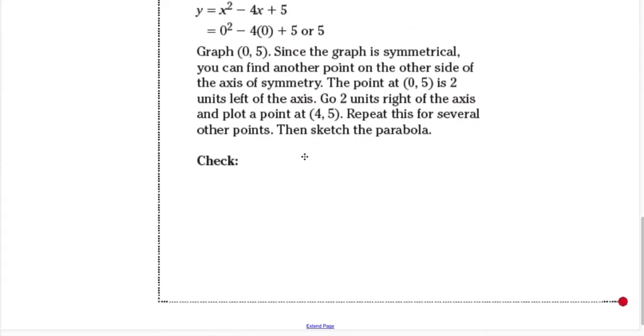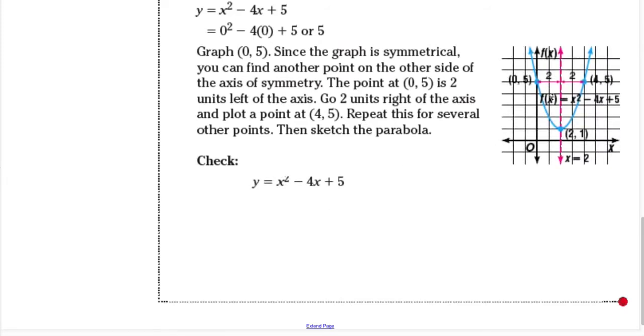Then we repeat this for several other points for our parabola, and that's how you got this particular graph right here. And this is 0, 5, and then we simply reflected 0, 5 over our axis of symmetry, which is in this case 4, 5. So that is the reflection of 0, 5, 4, 5 right there, and we simply connected those 3 points, and roughly that is the graph of our parabola.